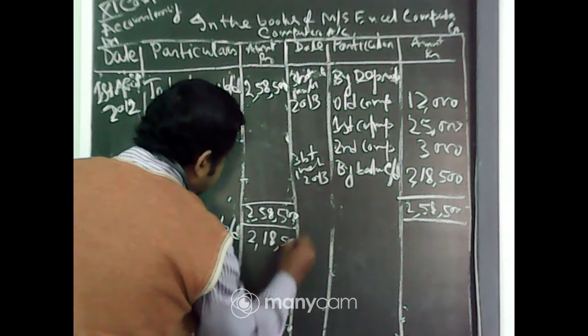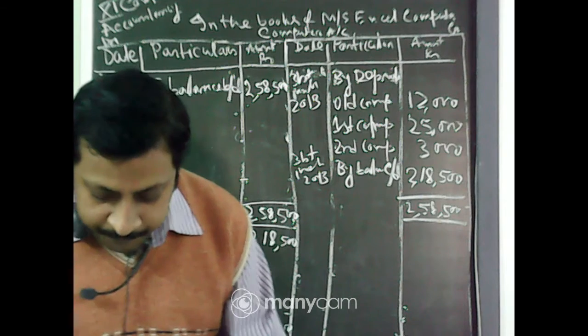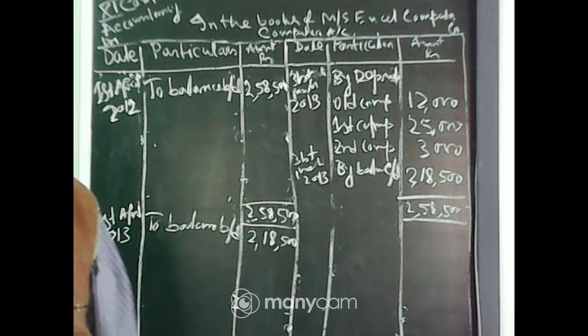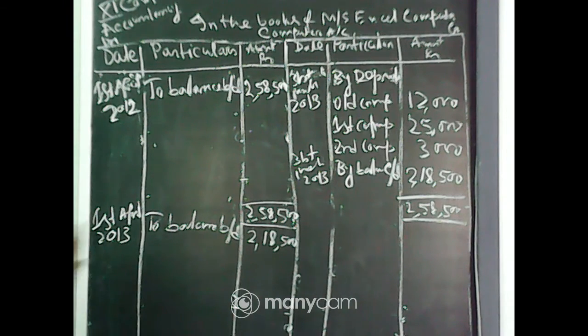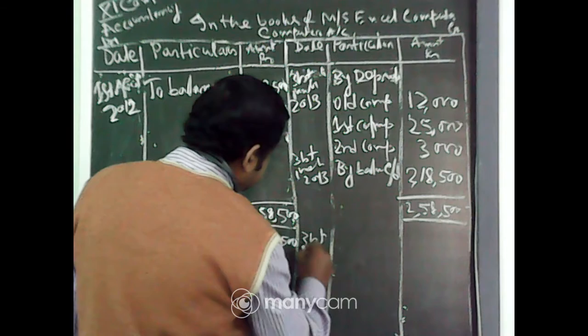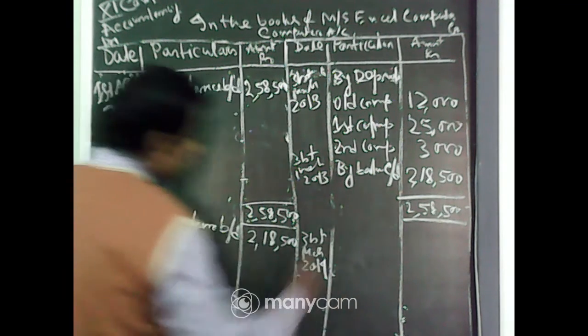2,18,500, and in case of 13-14 you can see nothing actually happened. So again we come to the last, 31st March 2014, that is 13-14.